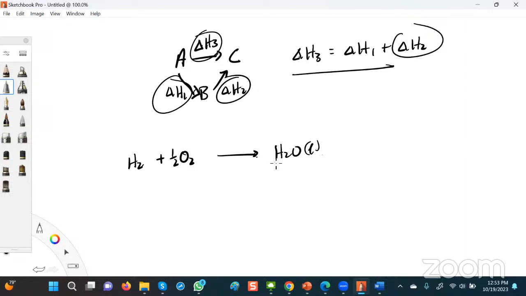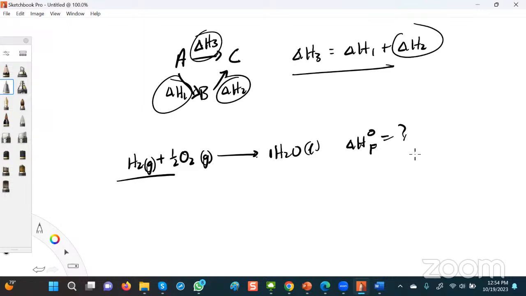Because the definition says the standard enthalpy of formation is referring to 1 mole of water being formed in this case. So therefore, whenever you're writing down the formation of 1 mole of water from its elements, you have to ensure that the coefficient here is 1, right? And you balance the rest of the equation based on that. So therefore, this would be the equation for which the enthalpy change of formation is, whatever that value is. And that can be, of course, measured.